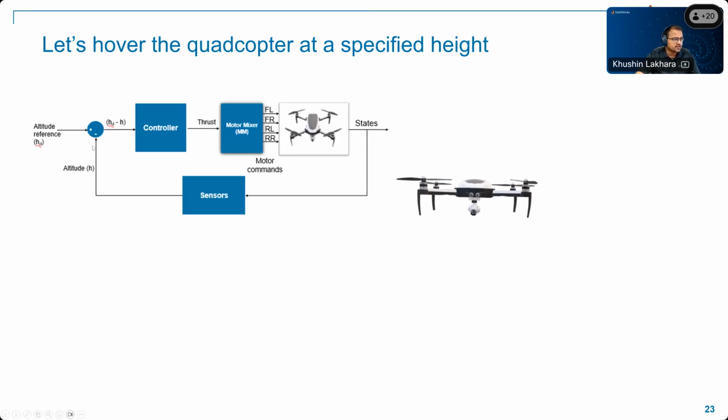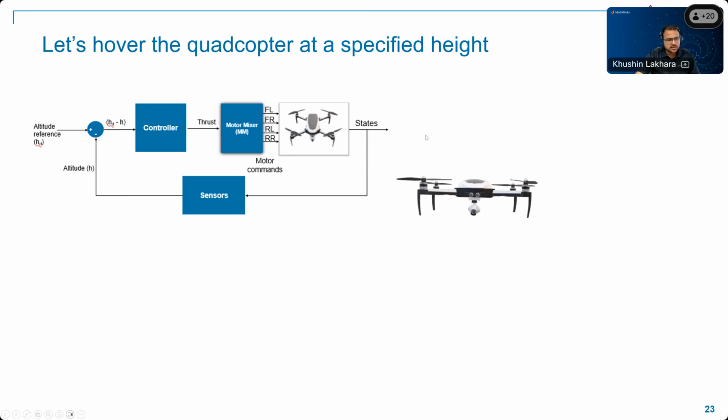The altitude is fed here, and we want to maintain it at the altitude HD. The difference of both is fed to the controller, which gives the appropriate thrust command, which goes to the motor mixer algorithm, which controls and maintains our UAV at a specified height.